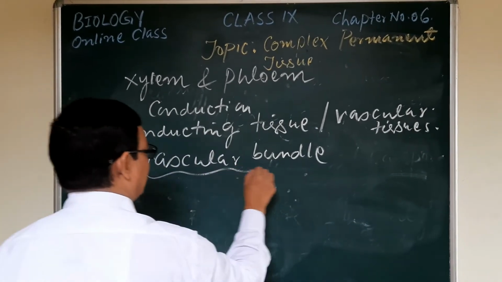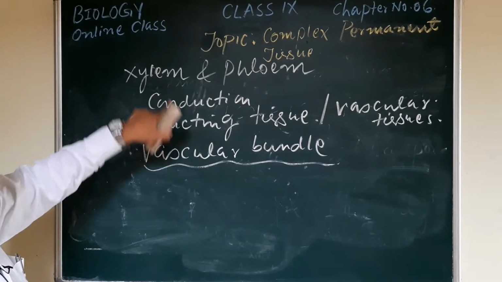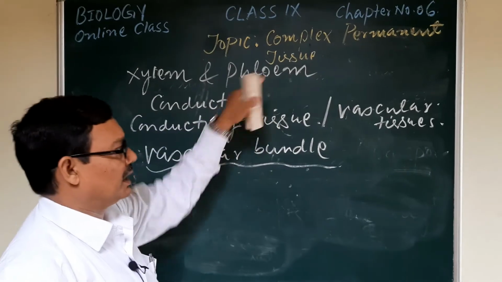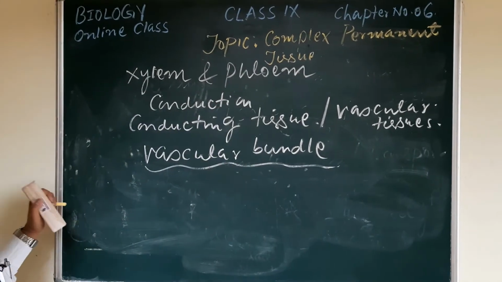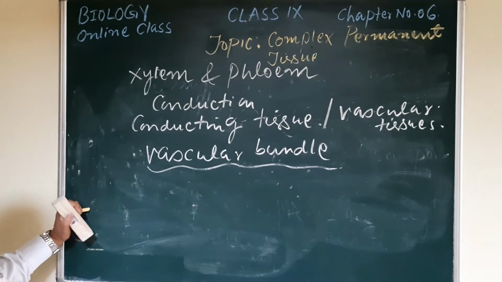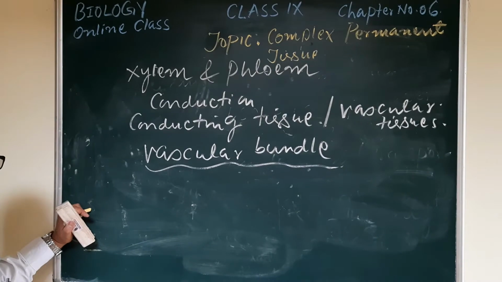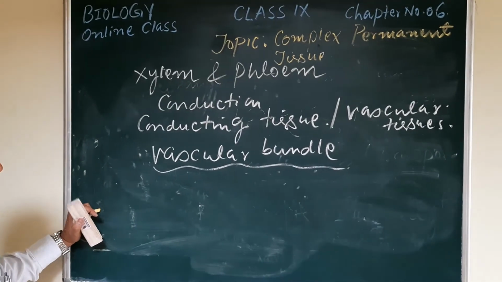So the xylem and phloem, which we call the vascular bundle, together perform a specific function, that means the conduction or transportation function in the plant body.